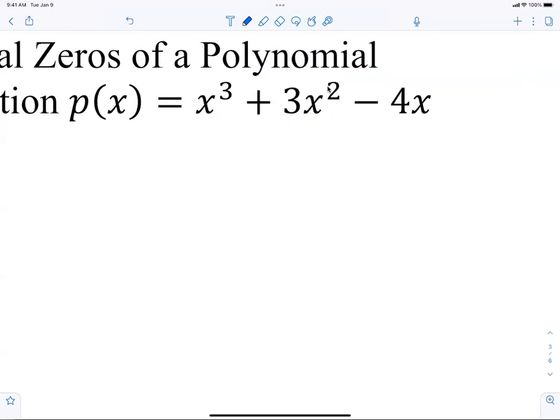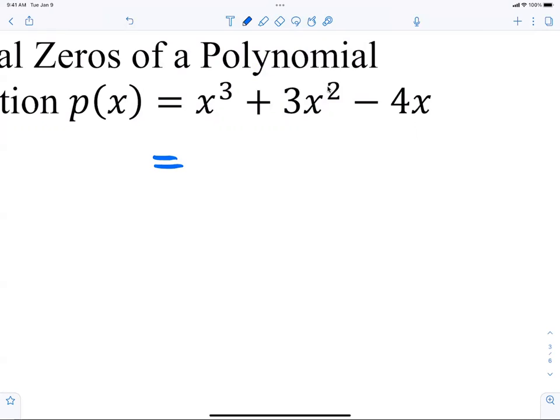I group that with the quadratic formula. But we don't really have any other methods of locating the zeros of a polynomial. So we're still working with those same tools here.